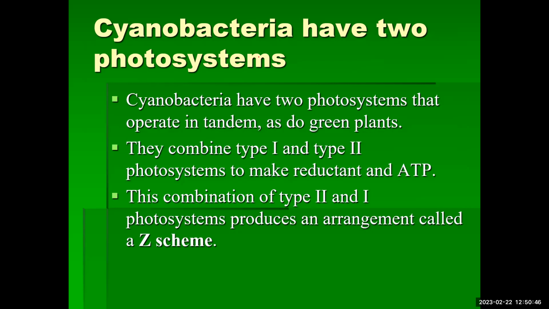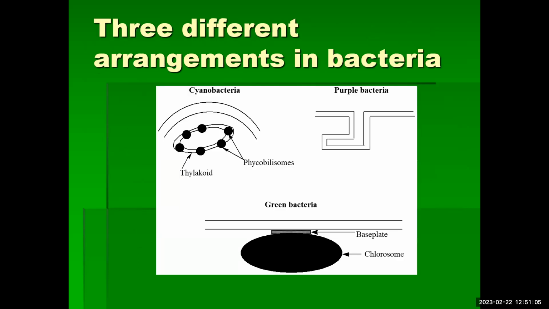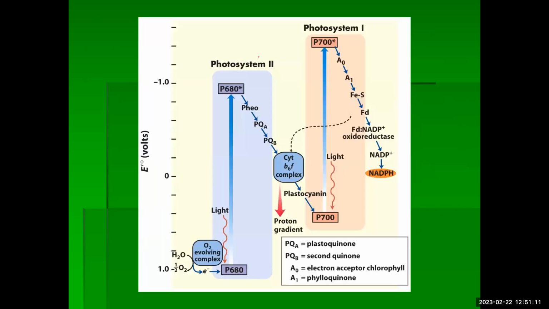Reductant from the type 1 photosystem is used to reduce the type 2 photosystem. Sorry, backwards. Electrons from the type 2 photosystem are used to reduce the oxidized type 1 photosystem. And that arrangement is called a Z scheme. You find the Z scheme in blue-green bacteria and green plants, and here's how it works.